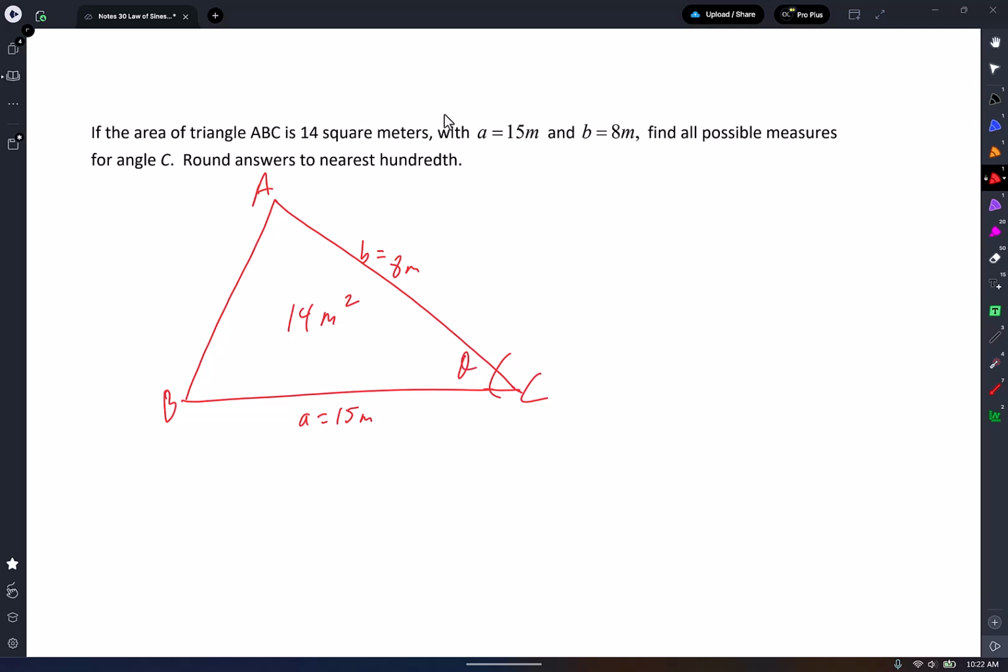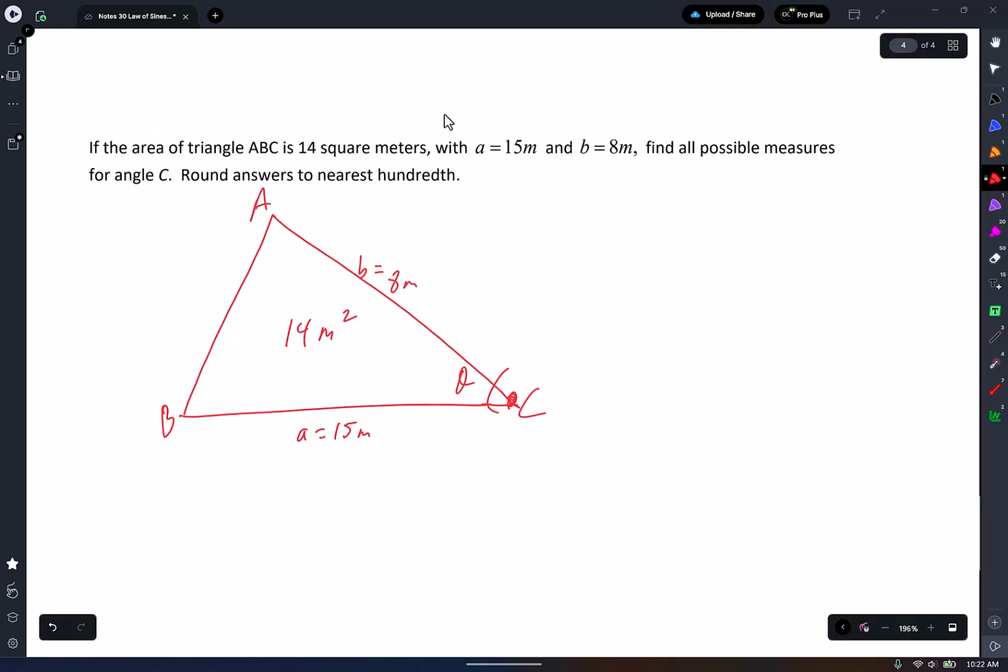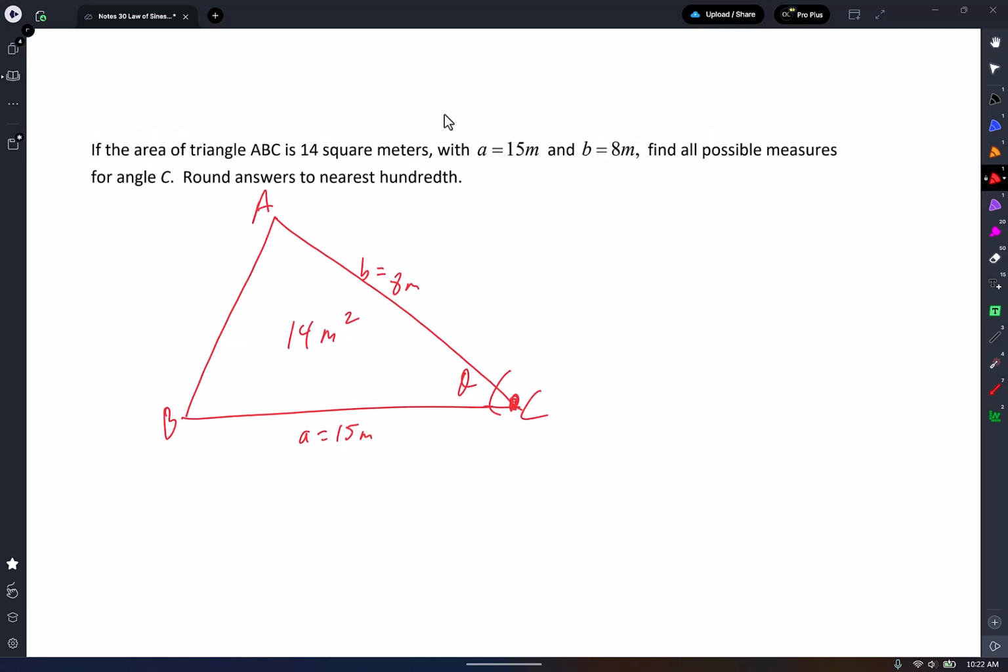I got everything I need, guys. Look, I got these two segments that connect at C, and I'm looking for theta. I'm just using my area formula, guys. 14 equals 1/2 times 8 times 15 sine theta. All you're going to do is solve for theta.